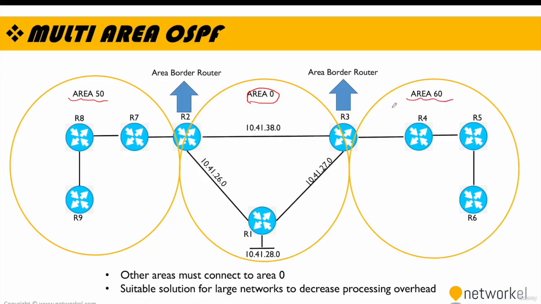What you need to make sure here is that the areas except area 0 should be connected to the backbone area, which is area 0. You can see that area 50 is connected to area 0, and area 60 is connected to area 0 by R3.